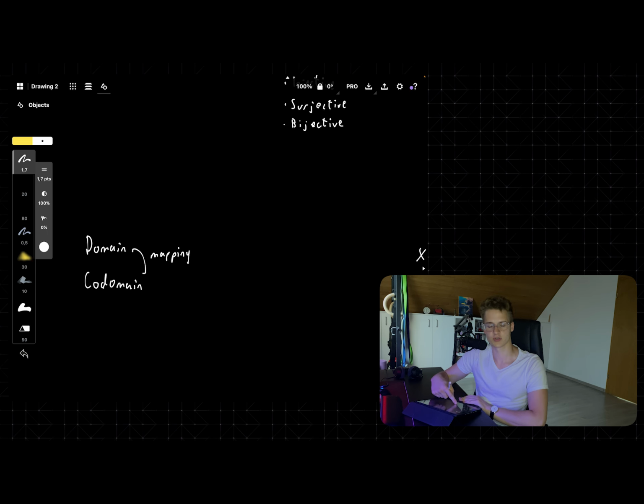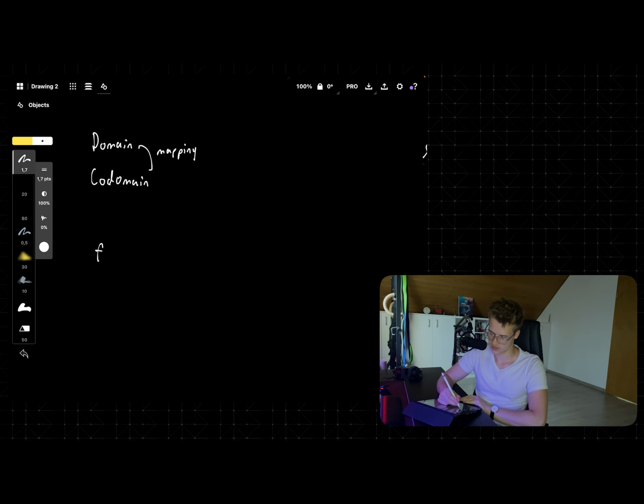So what we usually do is we write f, and then we write a colon, and we say X, so this is the domain, and this is in capital, okay? Then we write an arrow to Y. So f maps from the set X to the set Y. And now we give the mapping. We say f maps each element x, so this is uppercase, and this is lowercase.